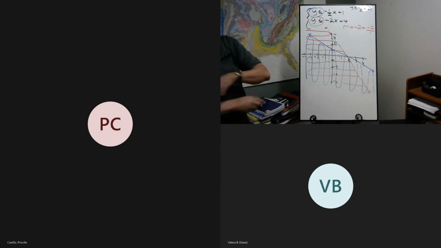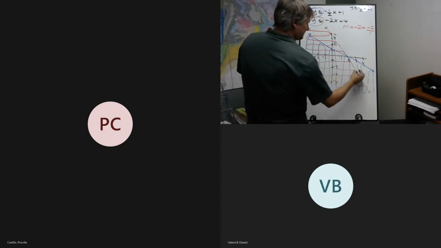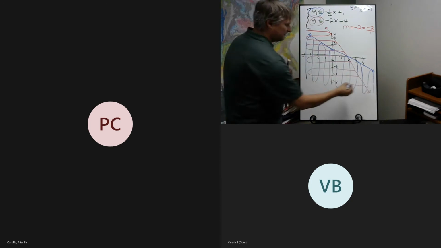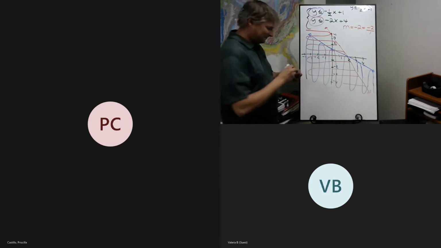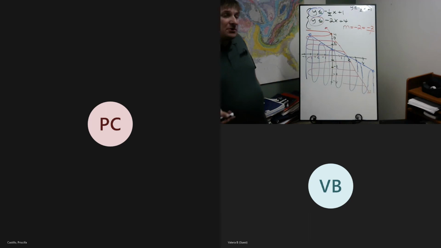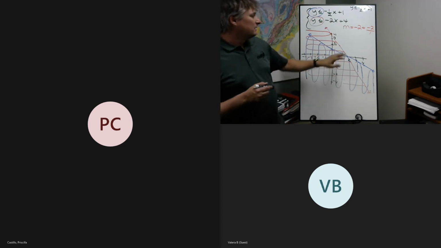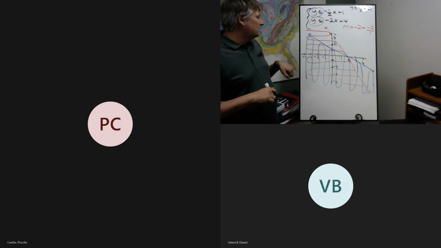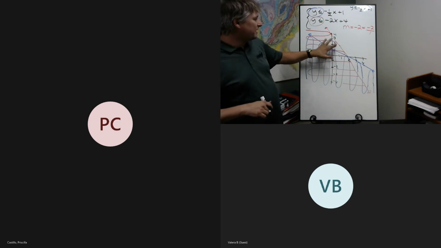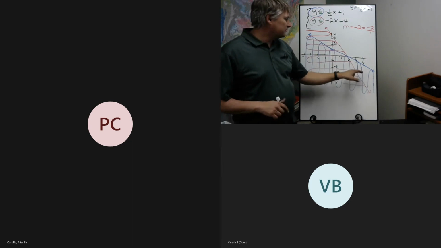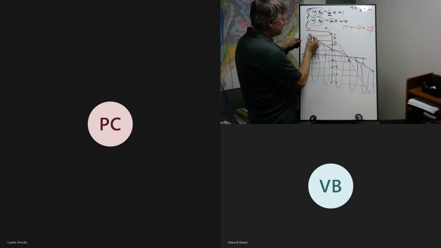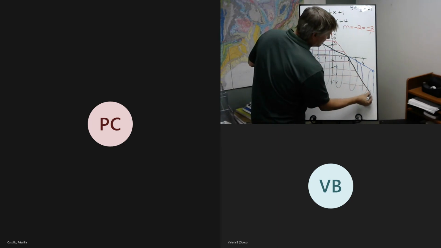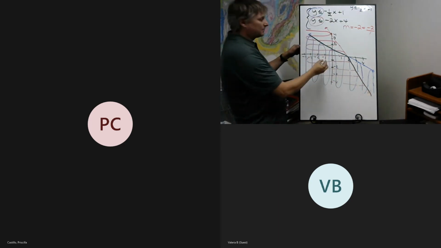So let's take a look at our solution. Clean this up a little bit. Now the solution again is we want the overlap. Here, there's nothing at all. It's empty. So don't have to worry about that. Here we have the region for the red line only. Here it's only blue. But in this area, here everything overlaps.